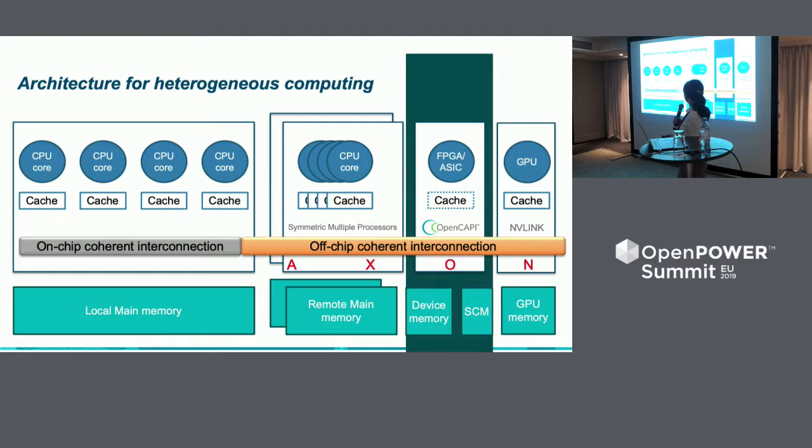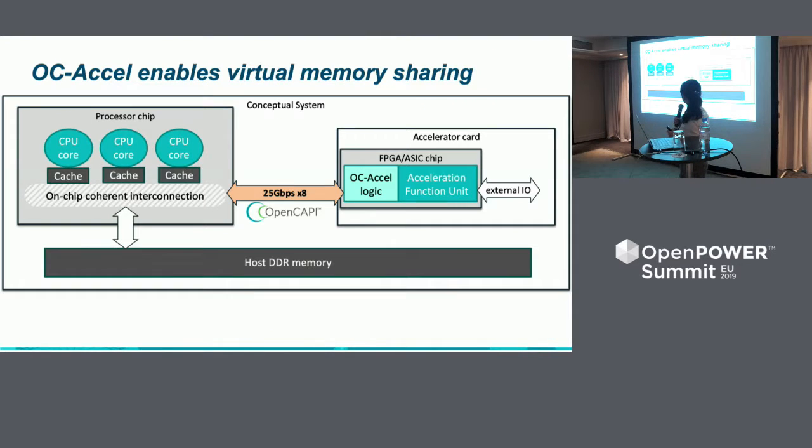Okay. So today I will go to OpenCAPI's style. The OC-Accel logic is a bridge on the FPGA chip, and it interfaces with the action functional unit, AFU, and talks to the software threads through OpenCAPI.